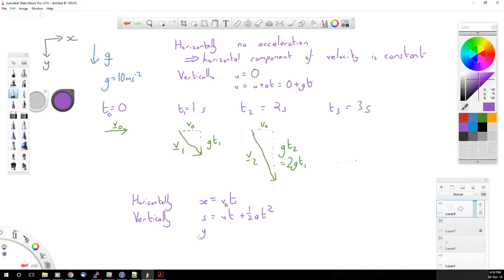So we get our axis is y, our u in this direction is 0, and our acceleration is g. Now we can actually combine these two equations by rewriting the first one as t equals x over v naught. Then we get y equals half g x squared over v naught squared. And this will give us our equation linking y and x.